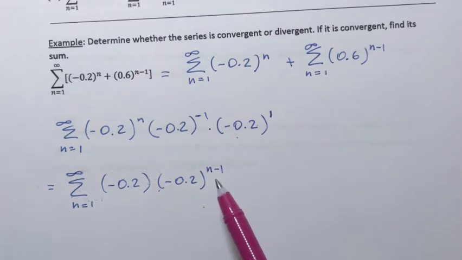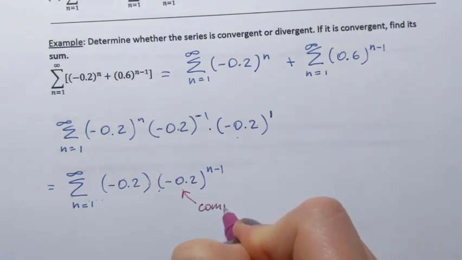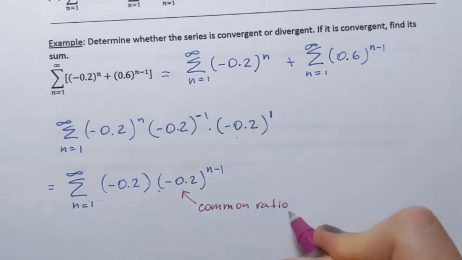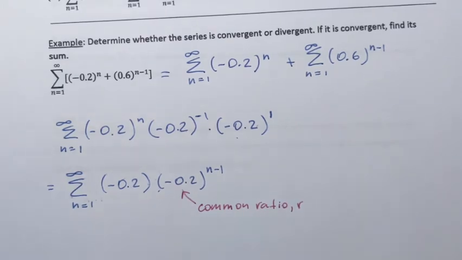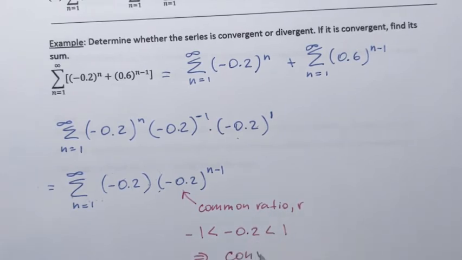Whatever is raised to the power n minus 1 is the common ratio r. And that's the one that I need to use to determine if the series is convergent or divergent. Well, since it's between negative 1 and 1, that means that the series is convergent.